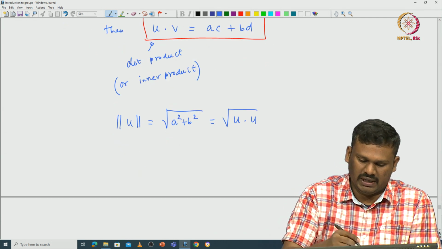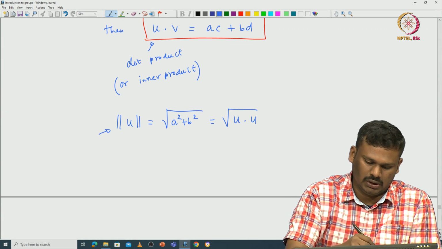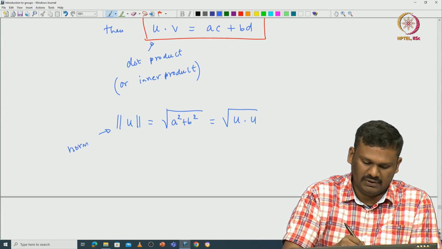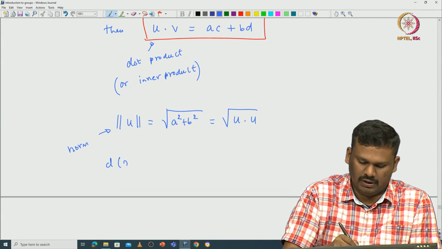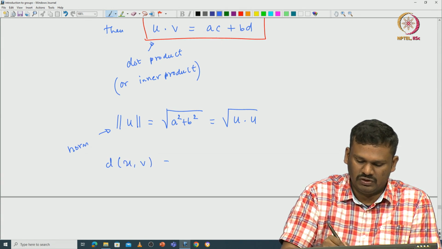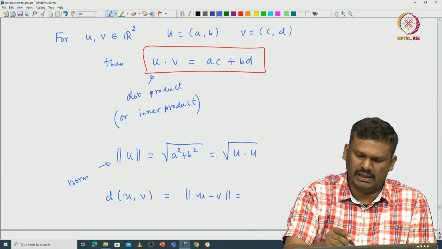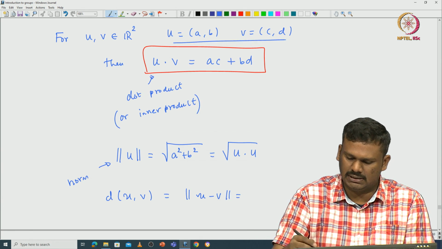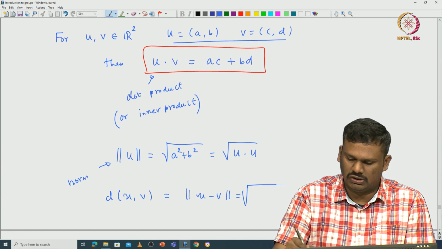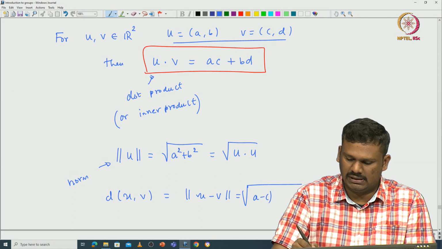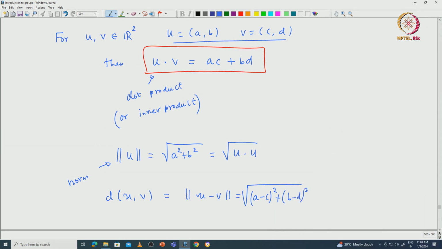This is the standard norm. So, the standard distance between u and v is just the norm of u minus v. In terms of the coordinates a, b and c, d, this is the square root of a minus c square plus b minus d square. This is the distance on R2.